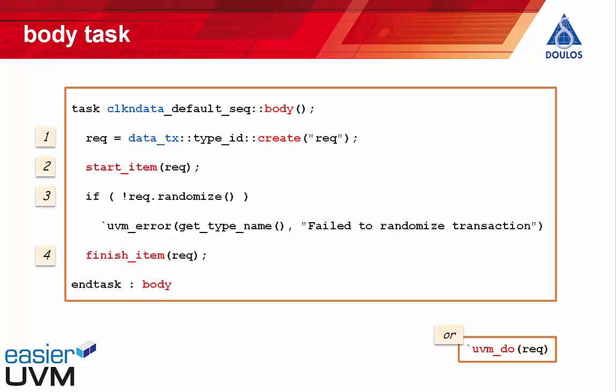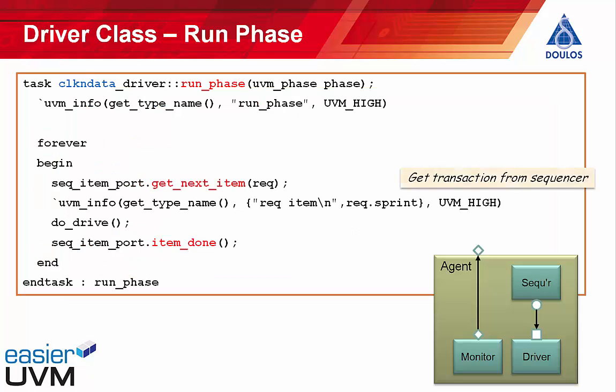So here's a sequence that's generating a transaction, and let's complete the picture by looking at the driver that's getting the transaction from the sequence. Here's the run phase method of a driver class, again borrowed from a previous video tutorial in this series. So here in the driver we've got a forever loop, an infinite loop. The driver is calling getNextItem to request the next transaction from the sequence. When the sequence provides the transaction, the driver is calling the doDrive method, which will wiggle pins in the interface to the design under test.